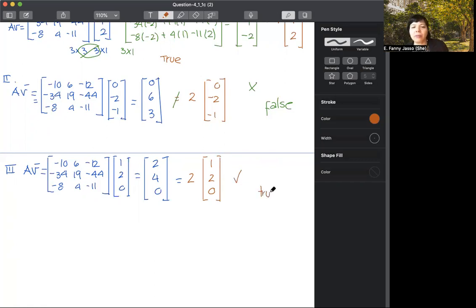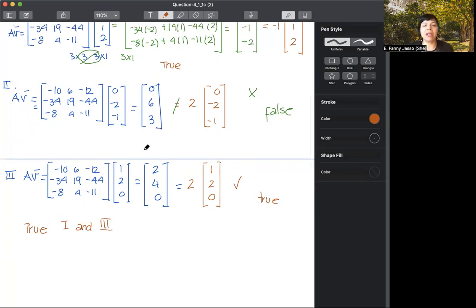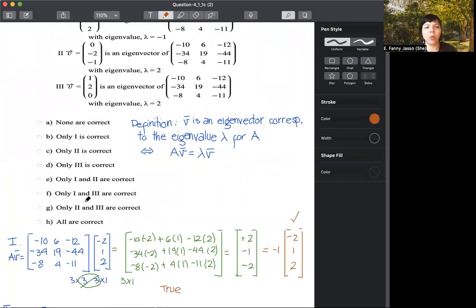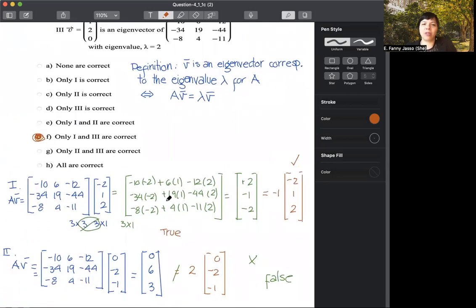So this is true. What we end up having is that the only ones that are true are 1 and 3. So let's look up: 1 and 3 corresponds to answer choice F. So that's how you figure out the correct solution in this problem.